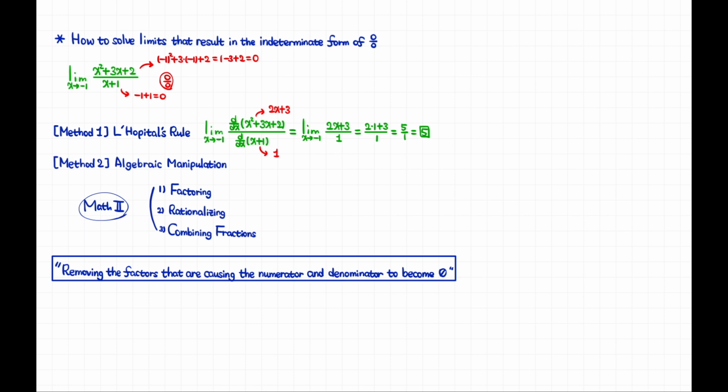Alright, so let's actually solve this problem now. For this problem, it uses the first technique, which is factoring. Once we go through these steps, you should understand why we should use factoring. So, if we take a look at this expression, in the denominator, there's nothing to factor there, right?